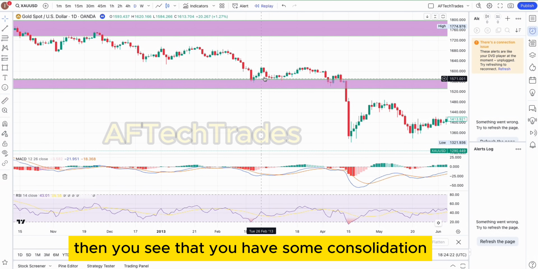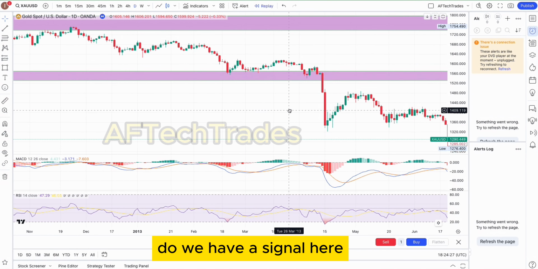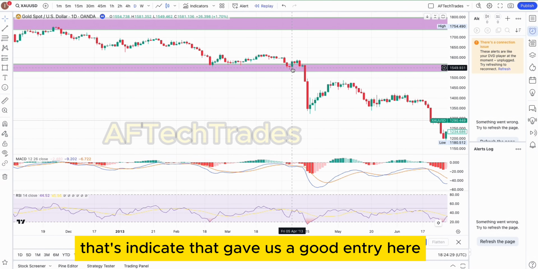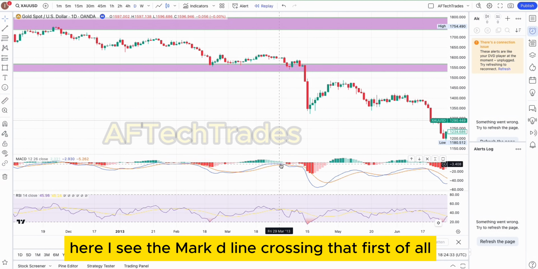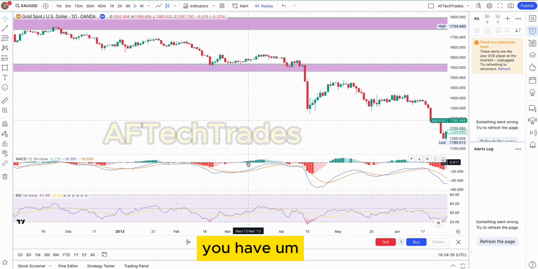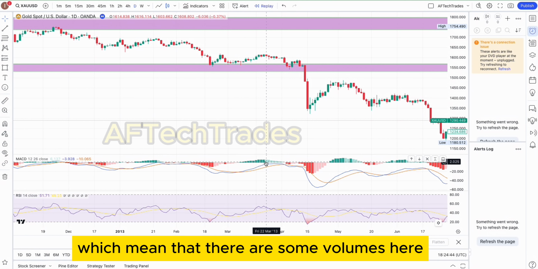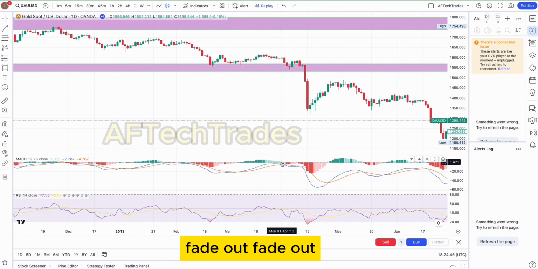Then you see that you have some consolidation. Do we have a signal here that gave us a good entry? Here I see the MACD line crossing down. First of all, you have a strong one here. The lines are a bit strong, which means there are some volumes here, and then the volume begins to fade out.